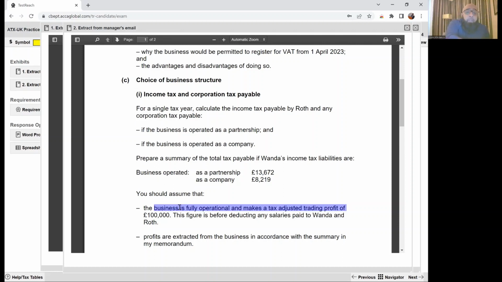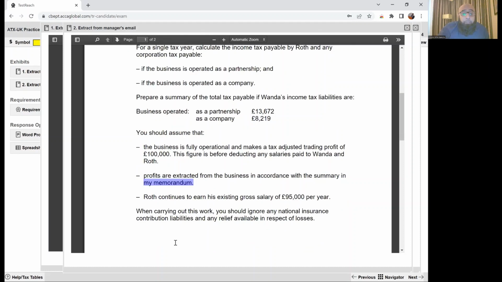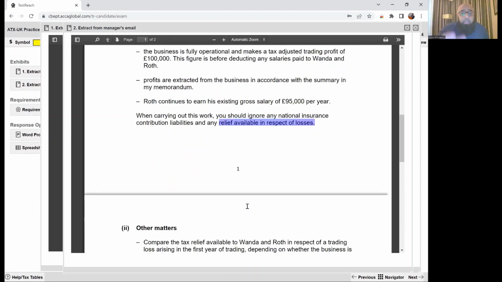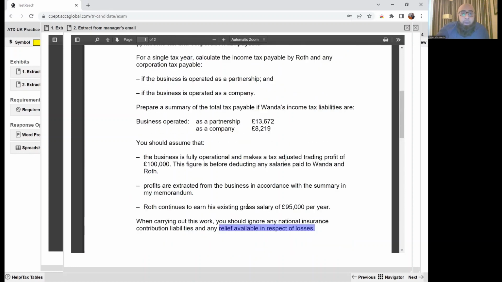The figure is before deducting any salaries paid to vendor and ROT. Profits are extracted from the business in accordance with the summary in my memorandum. ROT continues to earn his existing gross salary of £95,000 per year. When carrying out the work, you should ignore any national insurance liabilities and any reliefs available in respect of losses. So this is part C1.